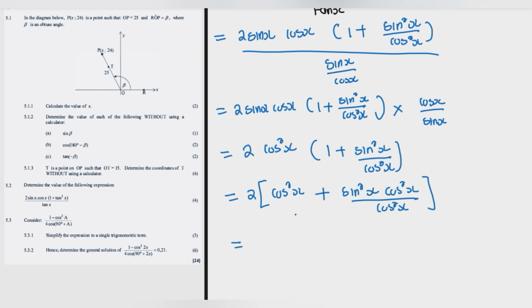When they cancel out, what are you going to be left with? You're going to be left with 2 times cos square x plus sine square x. Cos square x plus sine square x is an identity that is equal to 1. So that means you're going to have 2 and you put 1 there. So your final answer is 2.